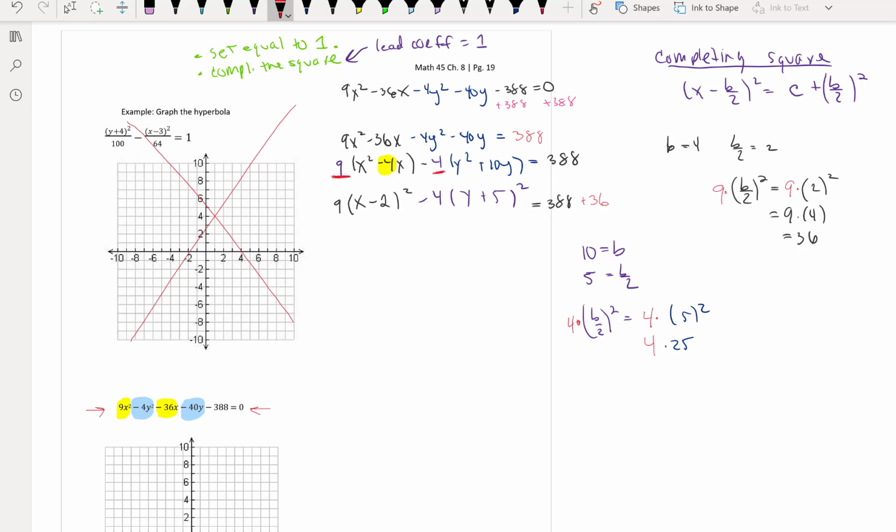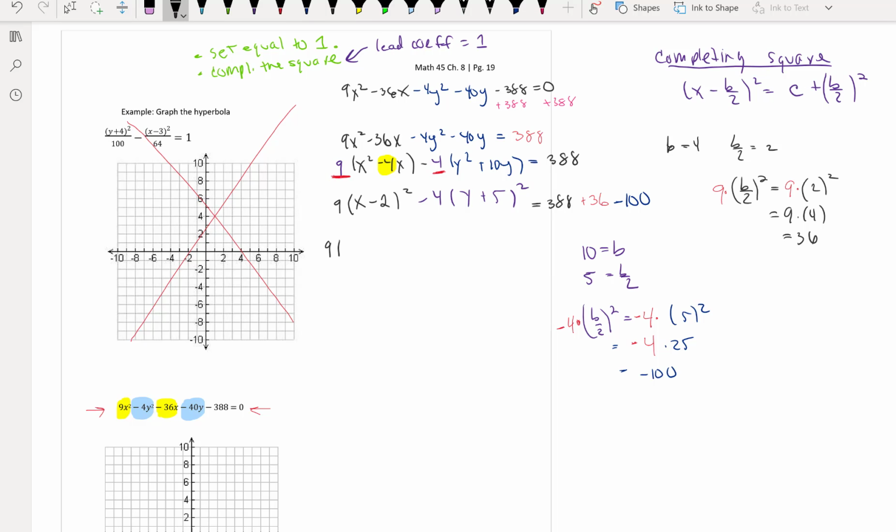And actually, it's not just a 4, but it's a negative 4 that I'm multiplying by. So negative 4 times 25 is a negative 100. So I have to make sure that I add that negative 100 into it.